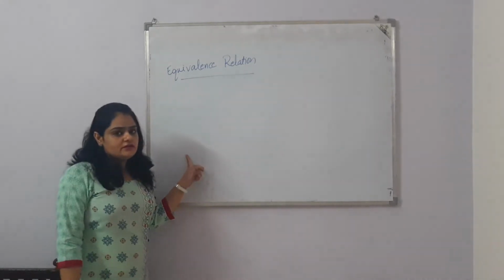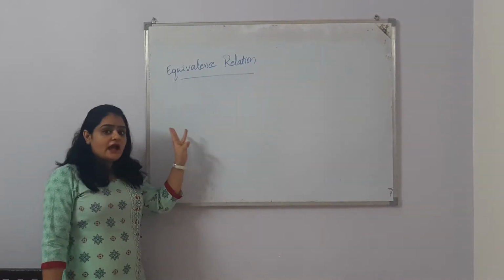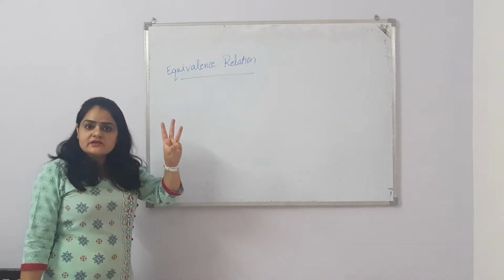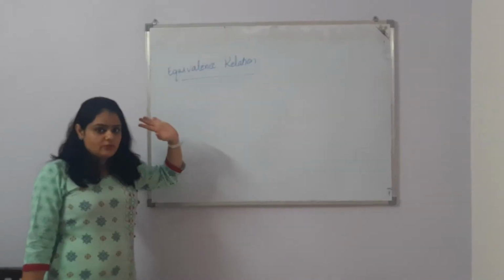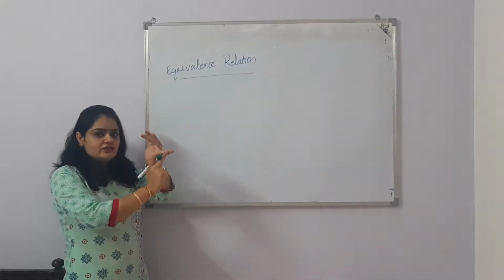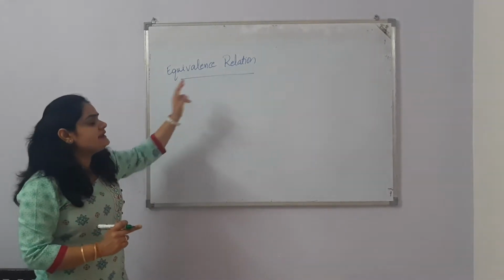A relation which is reflexive, symmetric and transitive. First one is reflexive, another one is symmetric, and another one is transitive. If a relation proves all three properties, then that relation is called an equivalence relation.